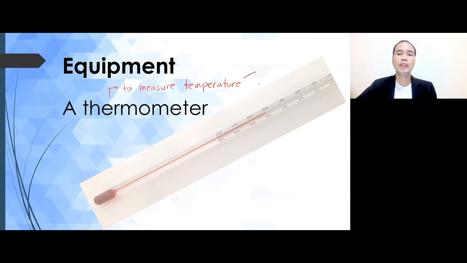Temperature is hotness or coldness. My room temperature right now is this one. This is 30, and I'm using the degrees Celsius thermometer, so I would say 30 degrees Celsius. This is my room temperature.